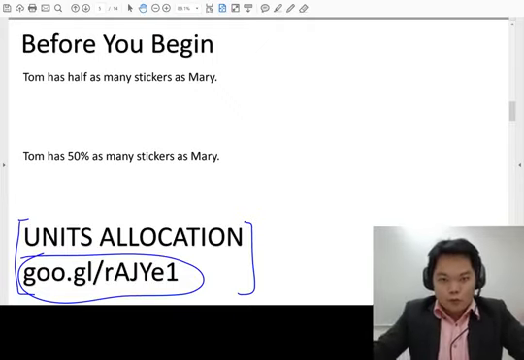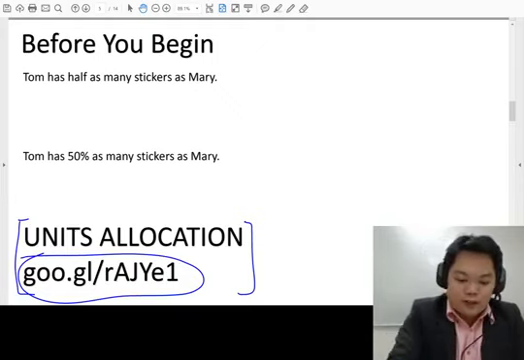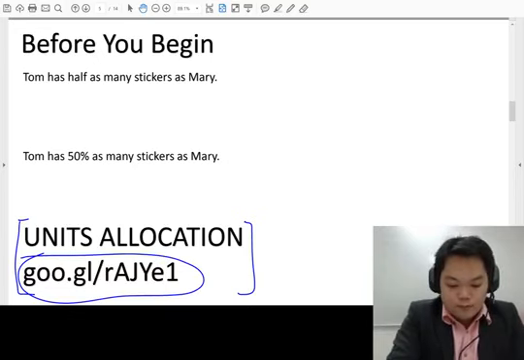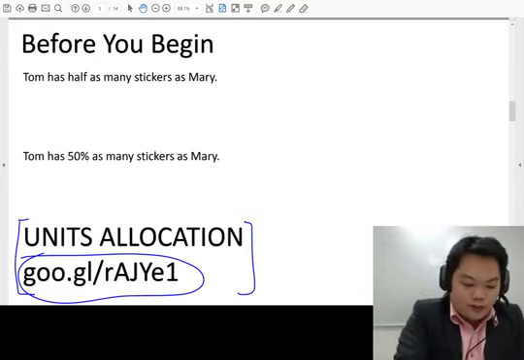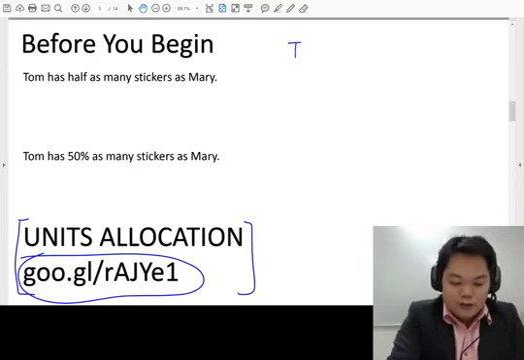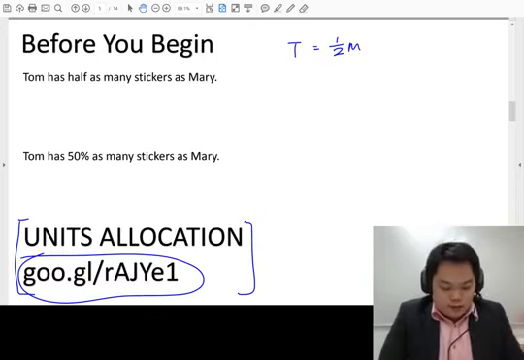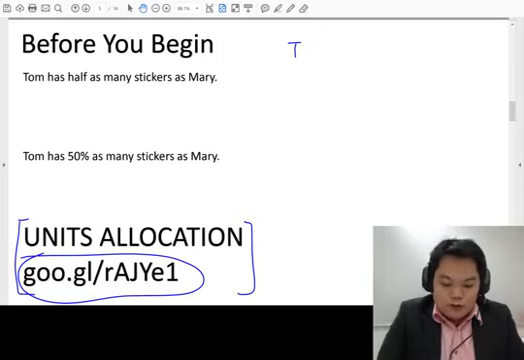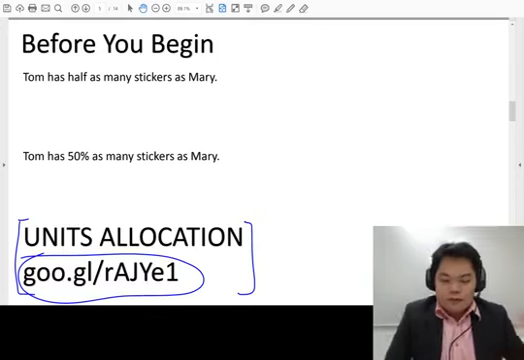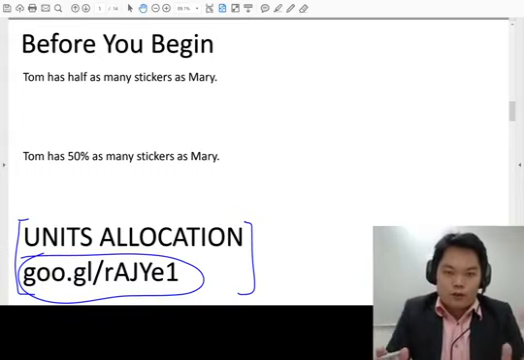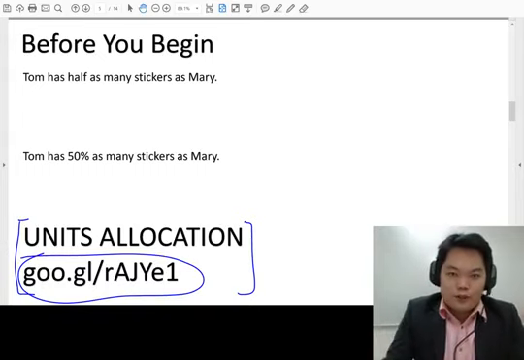For parents who are well versed with algebra, you'll be thinking, Tom has half as many stickers as Mary, just write T is equal to half of M. No, the way primary maths is taught is not like this. Instead, the students are taught to think in whole number units.